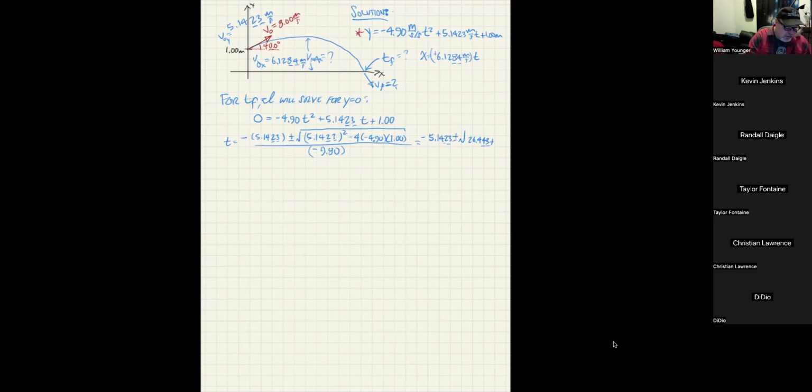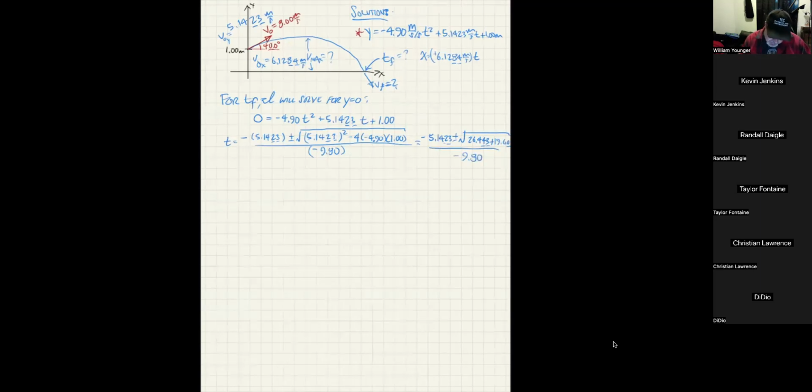So I'm going to say 4 times 4.9 times 1. Oh, 4 times 4.9. That gives me 19.6. And of course, that has 3 sig figs, so that works out okay to 19.6. There's zeros after it, that's why I'm not putting them. And then all this would be divided by negative 9.80.